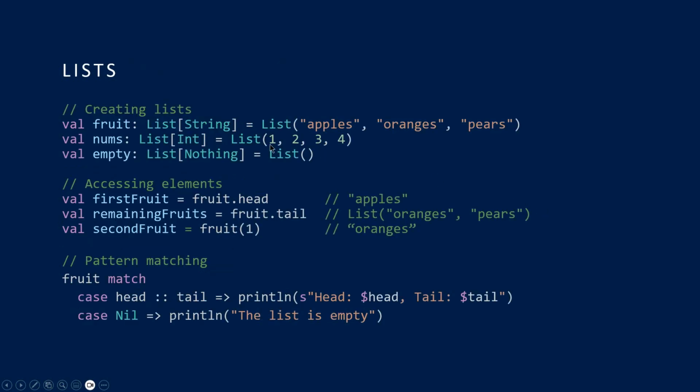Good old lists. So yeah, creating lists, pretty straightforward. There you go. So we got our fruit, which is a list of strings. Here we've got a list of integers. Here we've got a list of nothing, if we feel so inclined, that's our empty list.